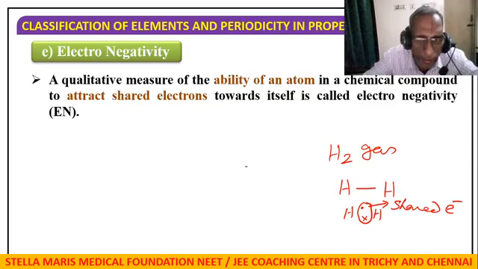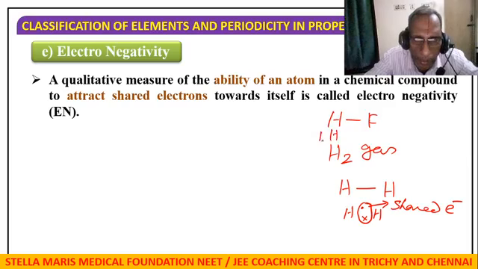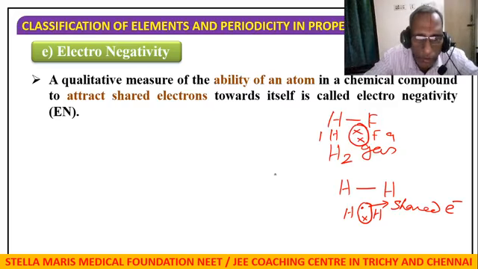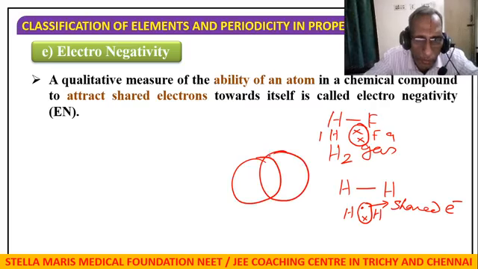If you have hydrogen chloride or hydrogen fluoride, hydrogen has 1 electron. Fluorine has 9 electrons. So this 1 electron, 9th electron will come to the center. So it is common for hydrogen and fluorine.